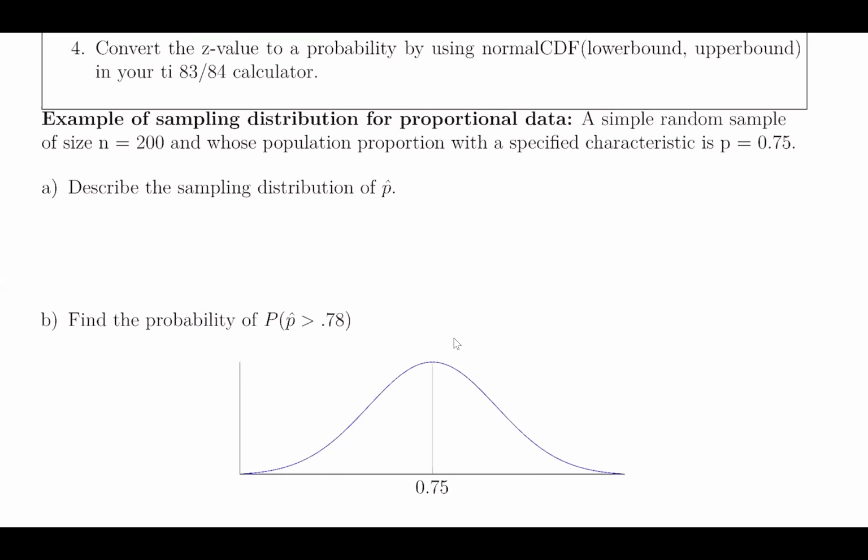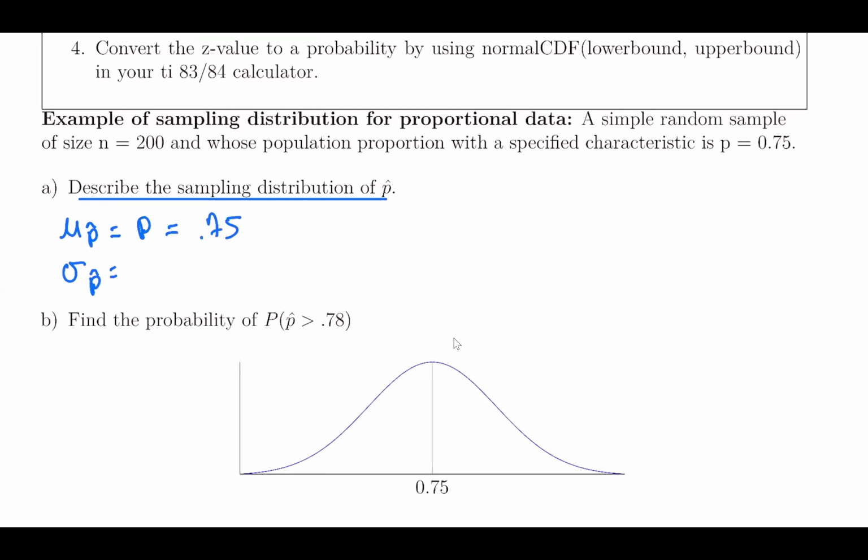The first thing I want to do is describe the sampling distribution of p hat. To describe it, we have to find mu of p hat and sigma of p hat. Remember, mu of p hat is equal to p. So in this case, what would p equal? Yeah, 0.75.